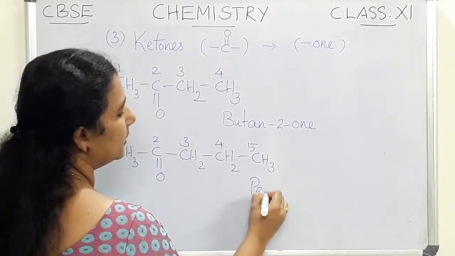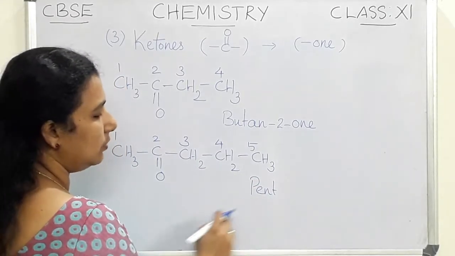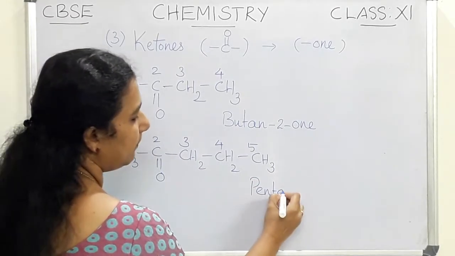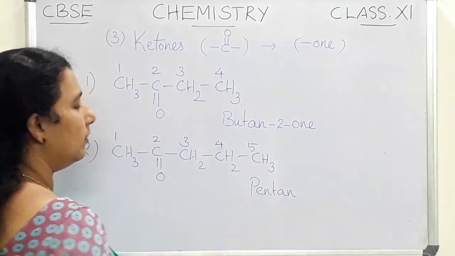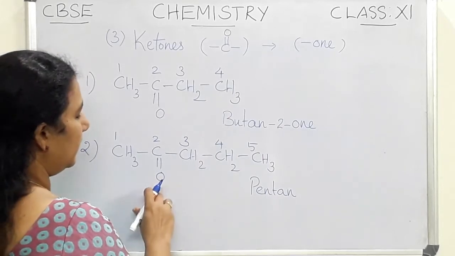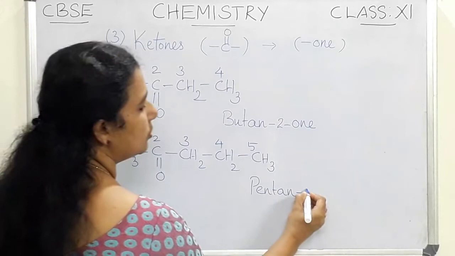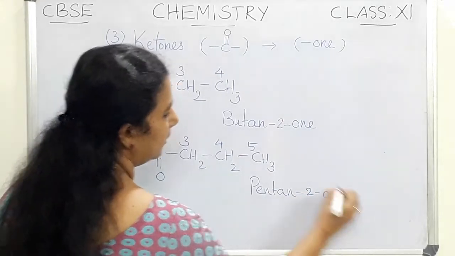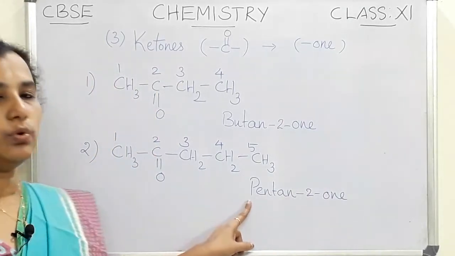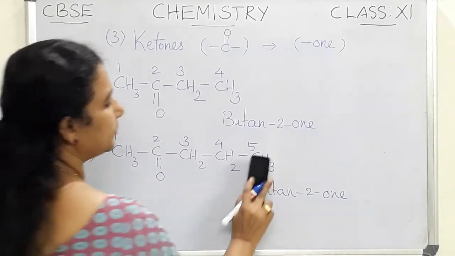So we can start with pent. There are no substituents, so we can start with the word root, it is pent, and pentane, since there is a single bond between carbon atoms. Then the position of the functional group. So it is pentane 2-one. So pentane 2-one is the IUPAC name of this particular compound.